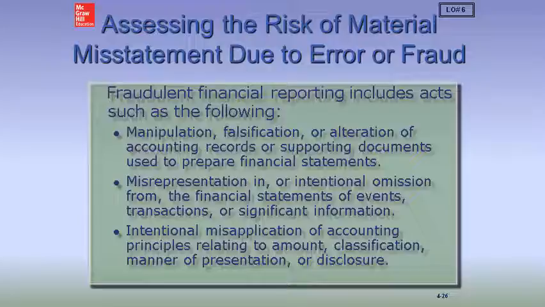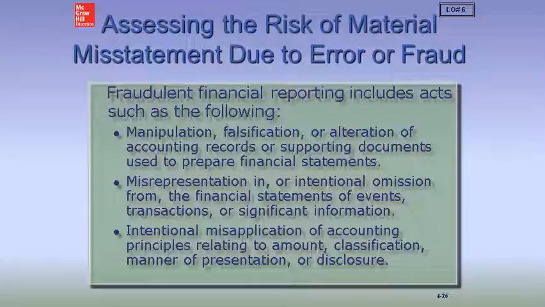Now, taking a look at how the auditor will assess the risk of material misstatement, and notice we say the risk of material misstatement due to error or fraud. So the process is how we think about the risk of material misstatement.